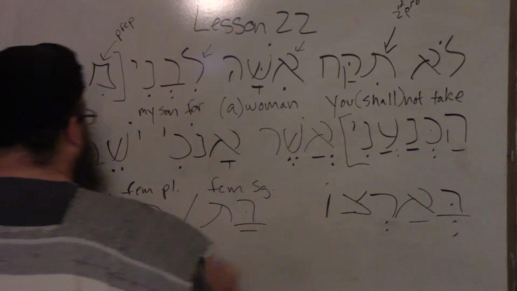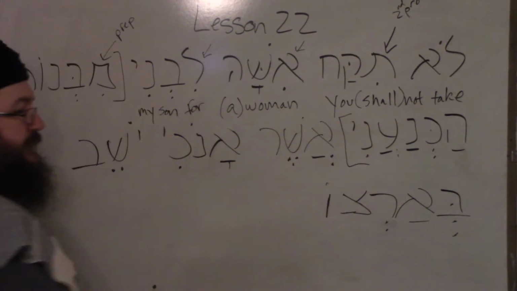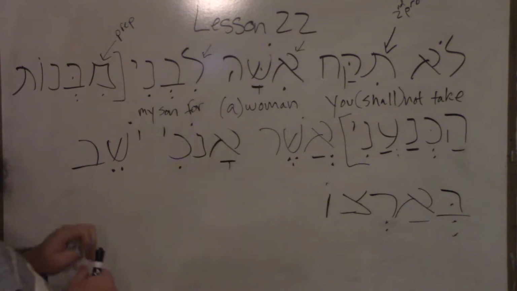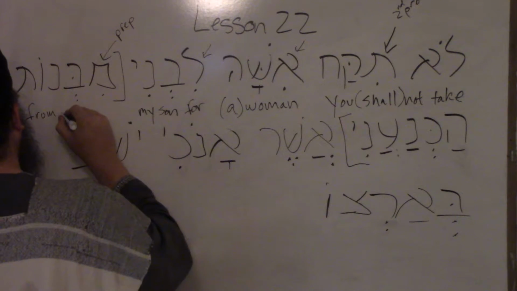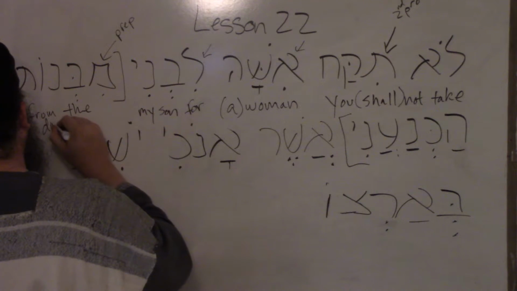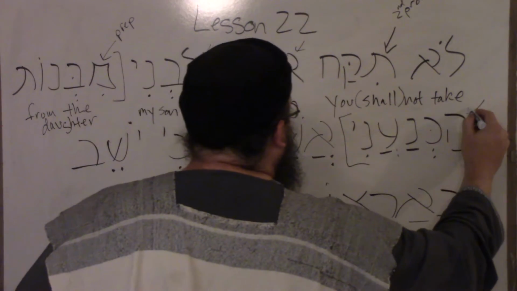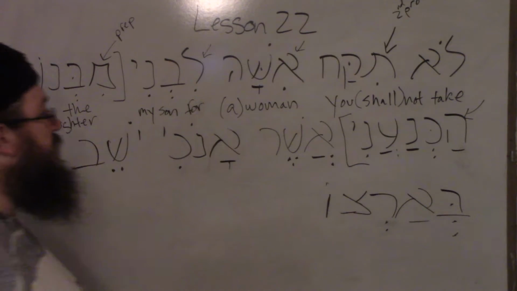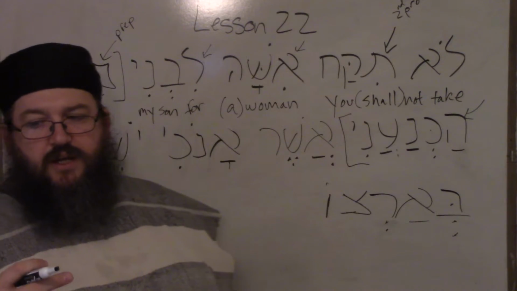Very similar to what we find with regard to the word ish when we go from ish to anashim. It's the same kind of concept where it changes a little bit when going from singular to plural, okay? Banot, so we have from the daughters. Notice the fact that I have to say the because this noun here is definite, okay? And the word kanani is expressing a race.